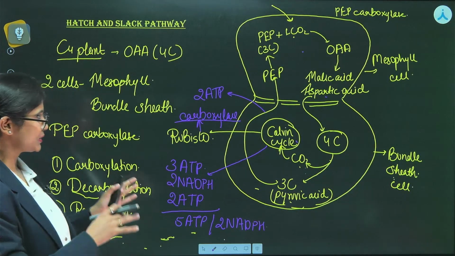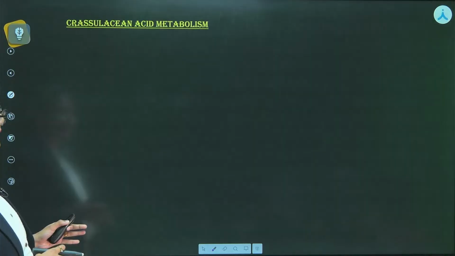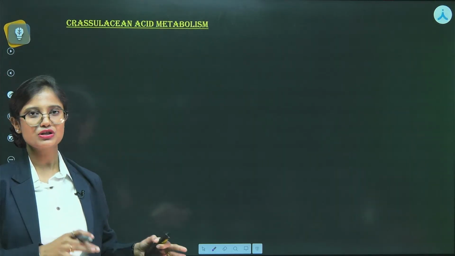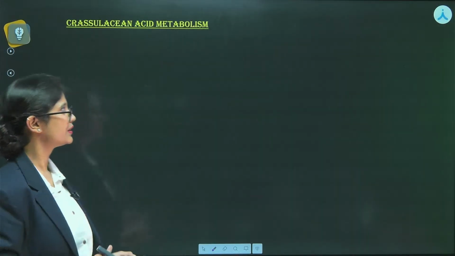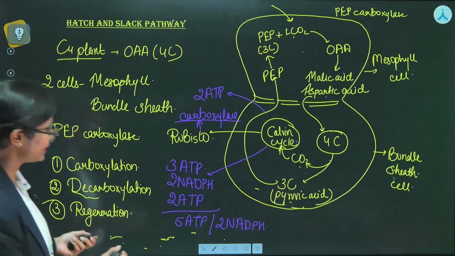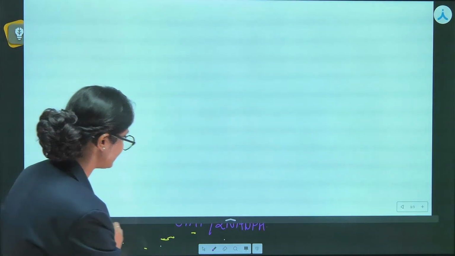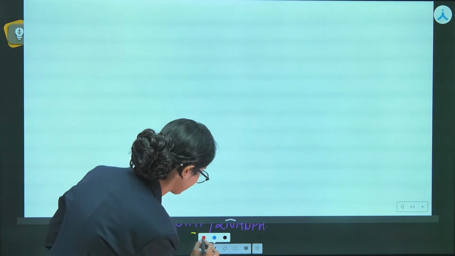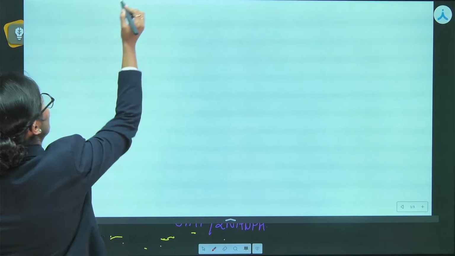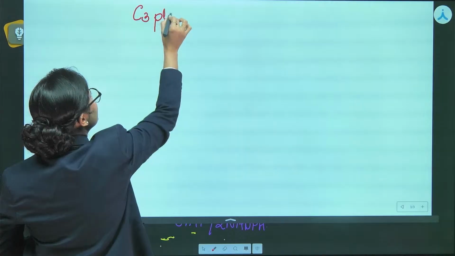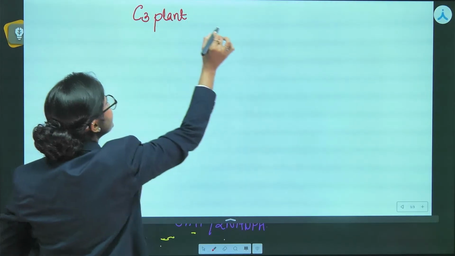Okay, so these are the differentiating features between C3 and C4, which let's jot down right now so that we can remember them in future as well. Now let's make the difference table.